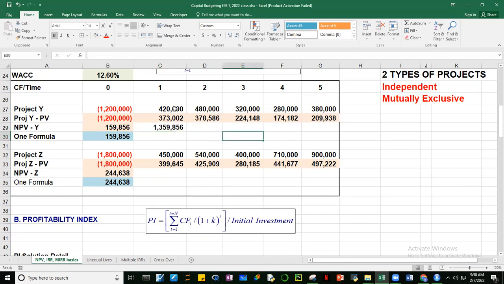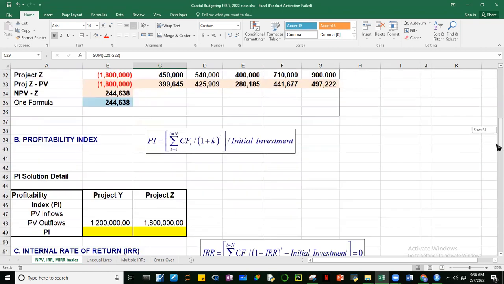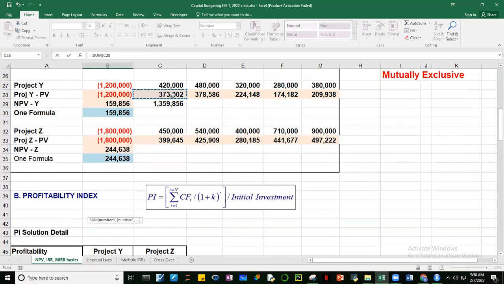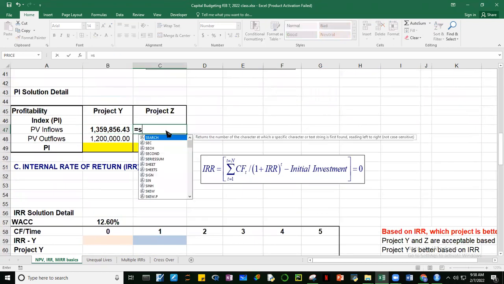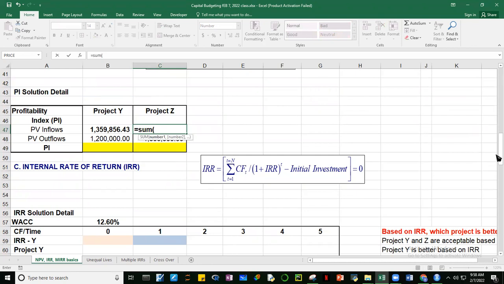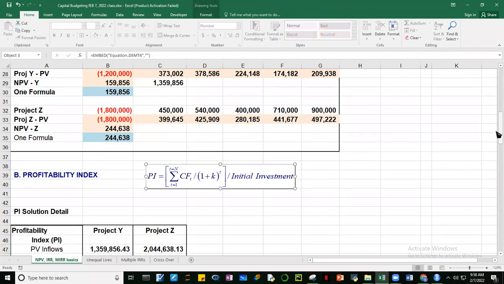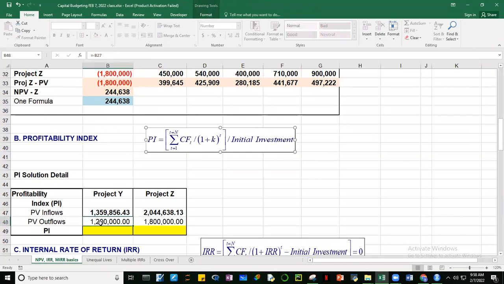So this is the present value of all our operating cash flows. So let's get that here. Sum of, for project Y, it's this one. And then for project Z, it's the sum of this, and then we know that the present value of our investment is this one.